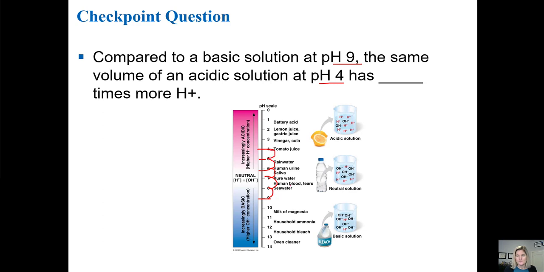Here's another 10. So each one of these steps indicate a factor of 10. We got 5 of them, right? So basically, it's 10 times 10 times 10 times 10 times 10 the concentration of hydrogen. So what's 10 times 10 times 10 times 10 times 10, or 10 to the 5th power? Because we did it 5 times.